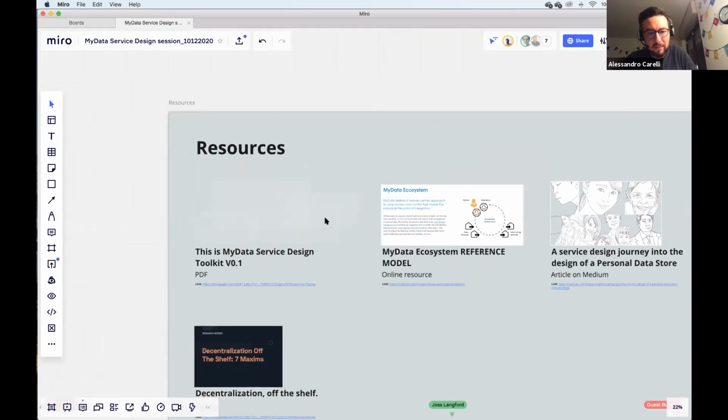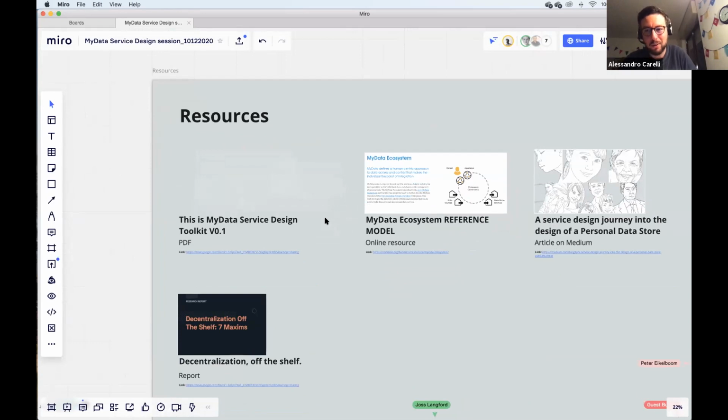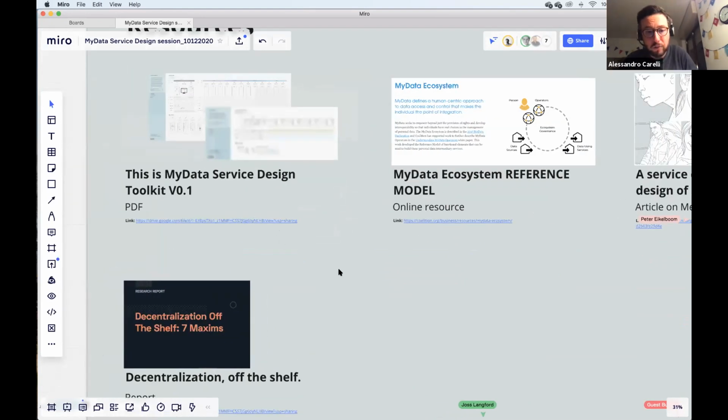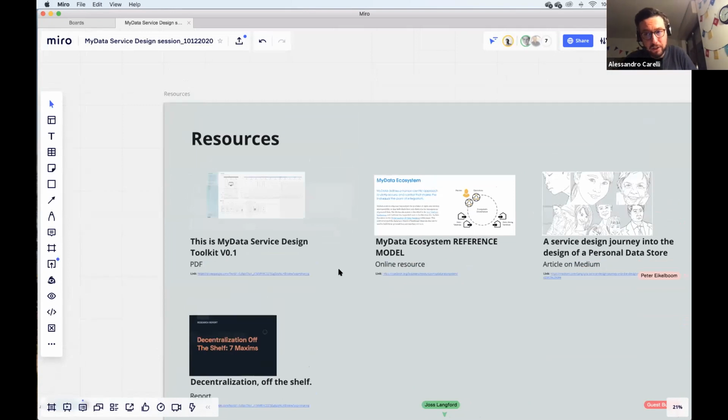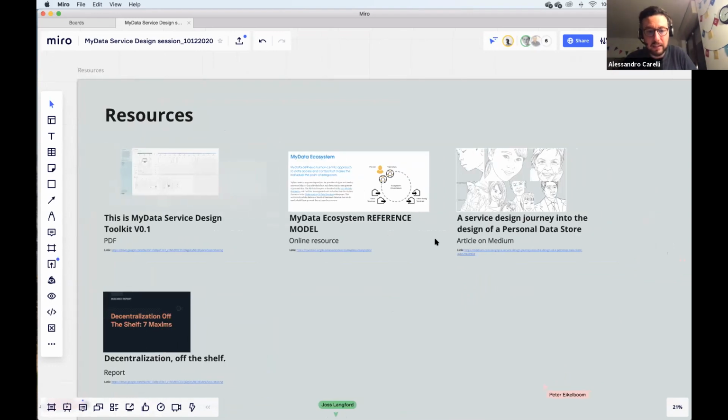So if you want to have a look at them, or print them out, or share them with your co-workers and so forth, you can do this by just clicking on that link. Of course, this is a very initial version of this new toolkit that we are aiming to further develop this year. So this is a very early version, and just keep this in mind while you are showing this to other people. There are also different links.